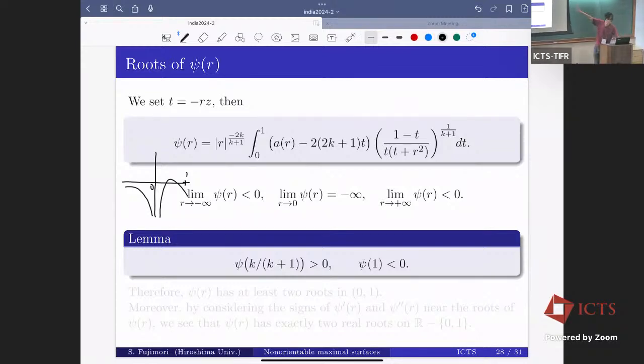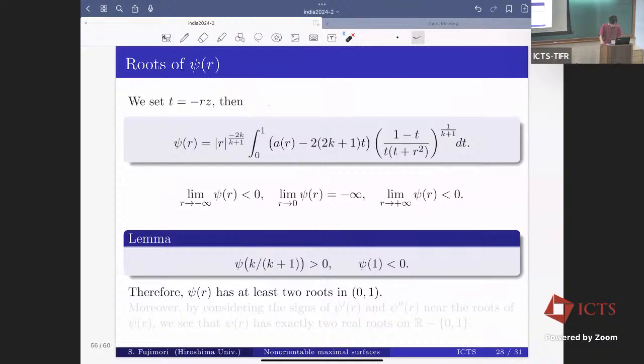So we expect, but now we don't know here, we might have solutions here, or here we might have several solutions. At least we know this is negative, and this is negative, and here we have positive. So we now know C has at least two roots between 0 and 1.